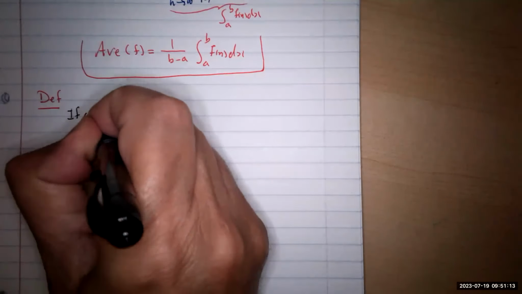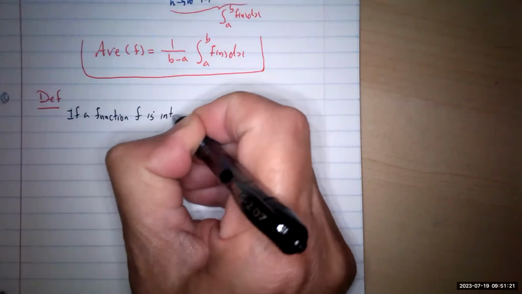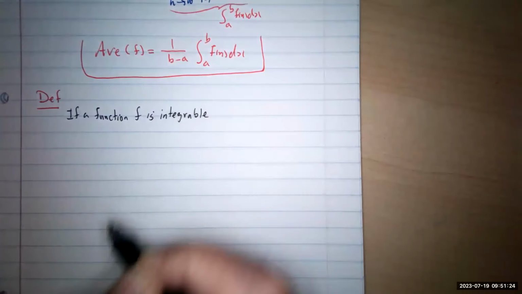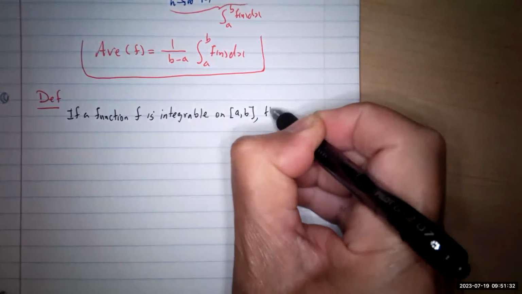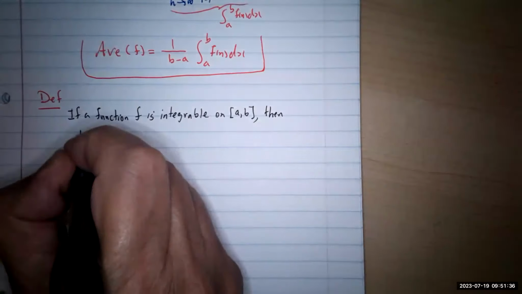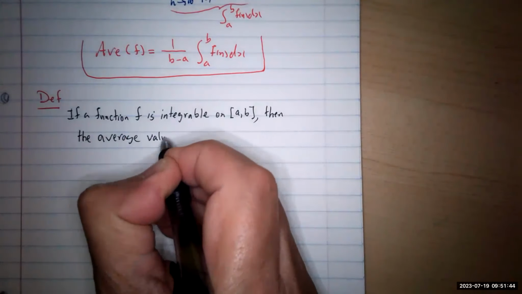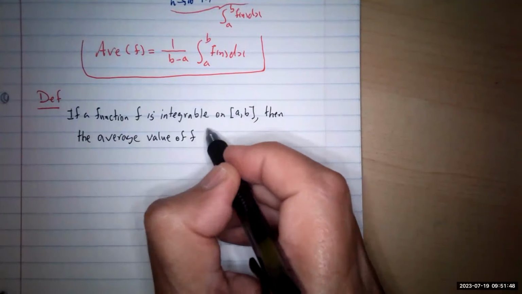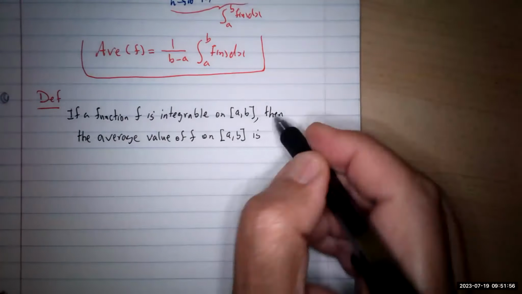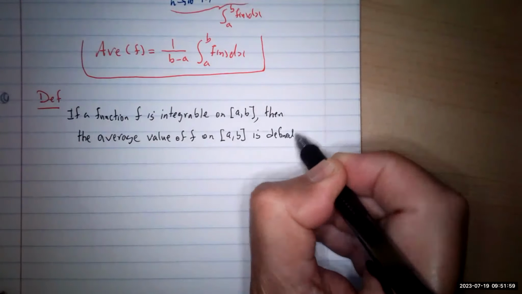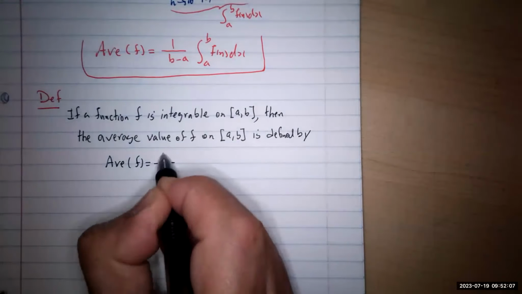So if a function f is continuous, or we say integrable, meaning we can find that integral, on this closed interval, then the average value of your function f on the interval from a to b is defined by: the average value of f is 1 over b minus a.